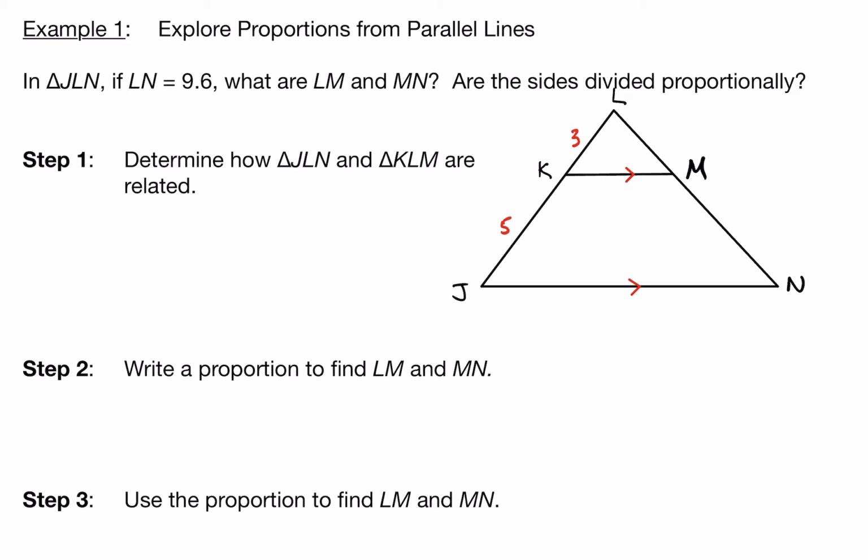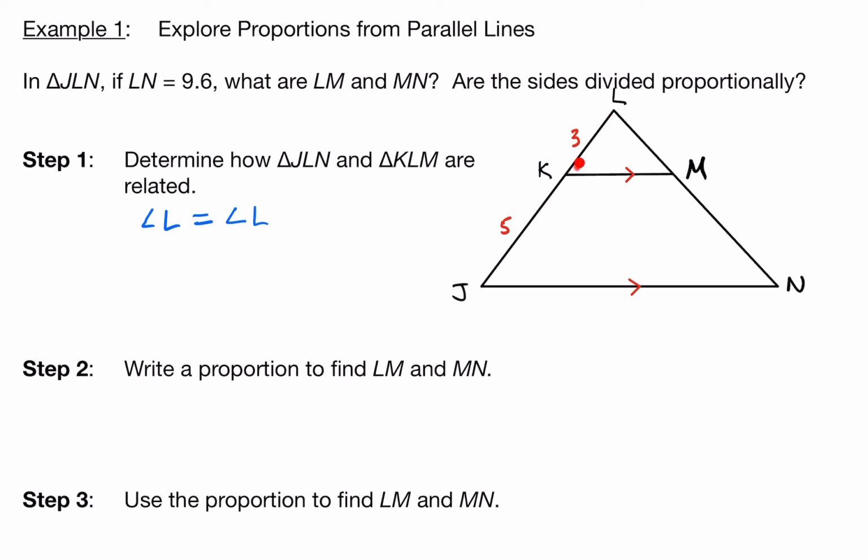The first thing we will notice is that they both share angle L. So that tells us that angle L for the large triangle is the same as angle L for the small triangle.